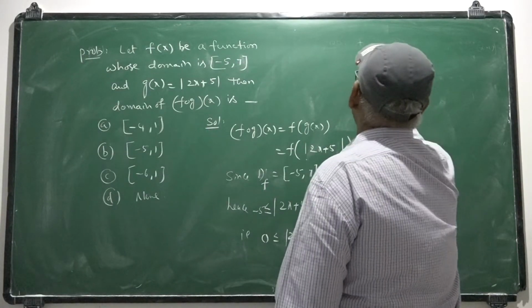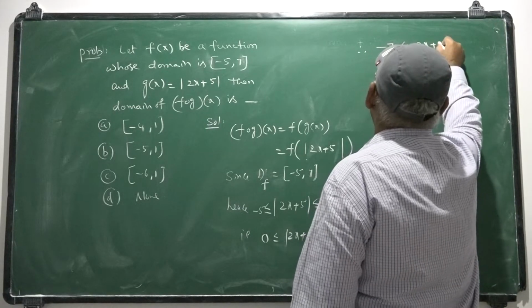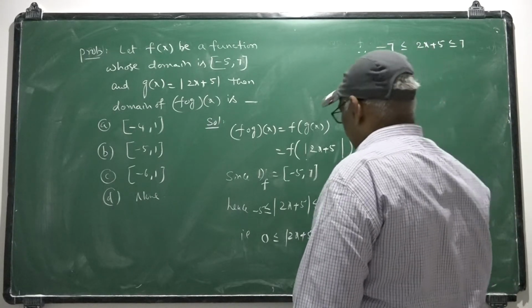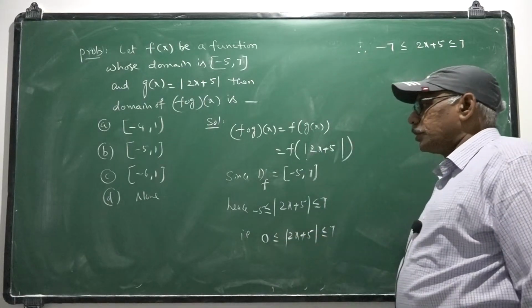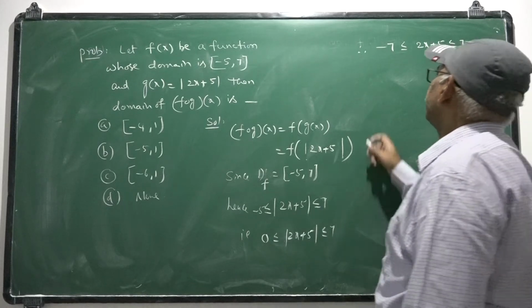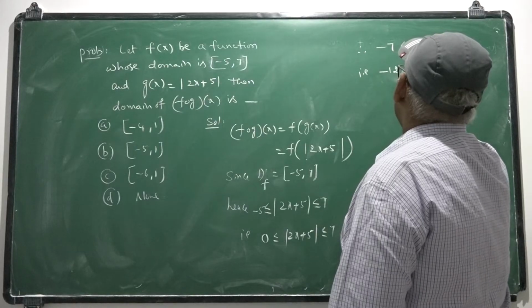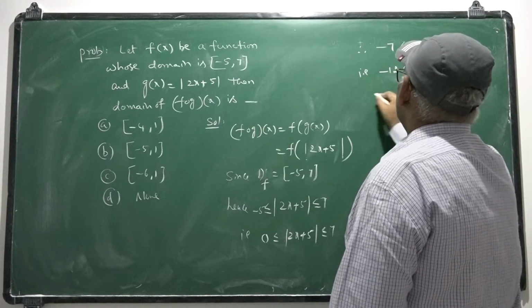Hence -7 ≤ 2x + 5 ≤ 7. Once removing the modulus, we get 2x + 5 lies between -7 and +7. That gives us -12 ≤ 2x ≤ 2.